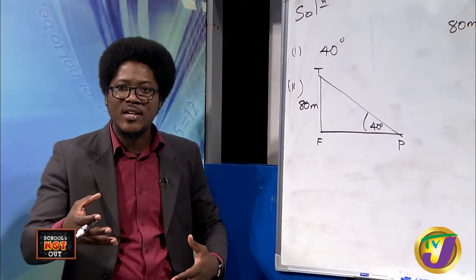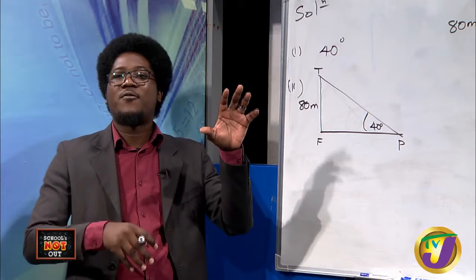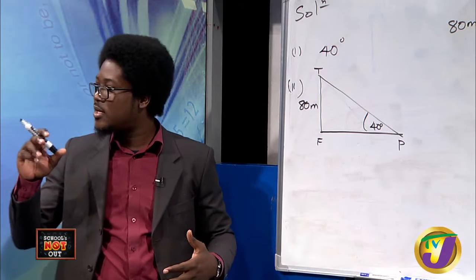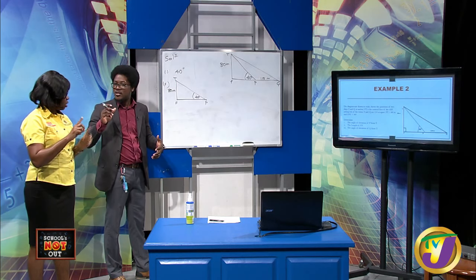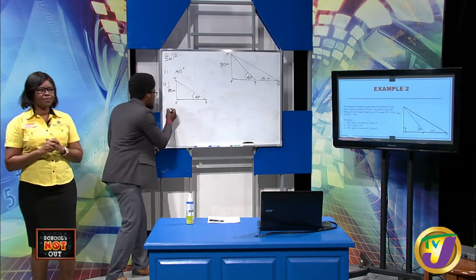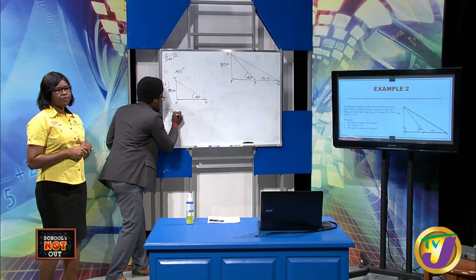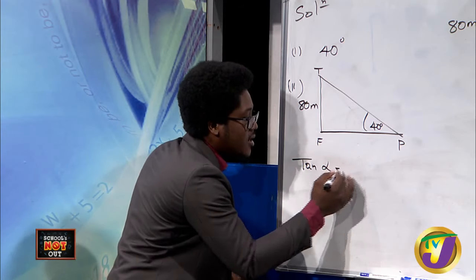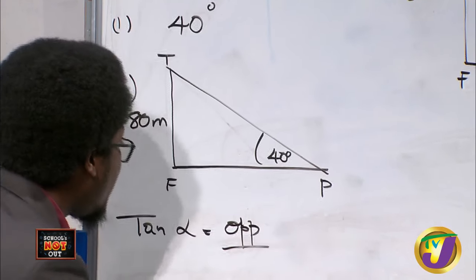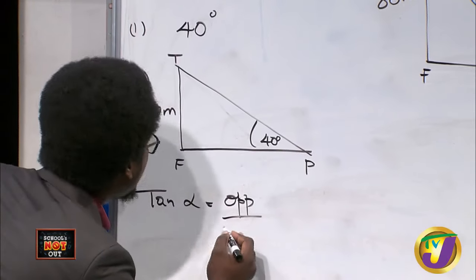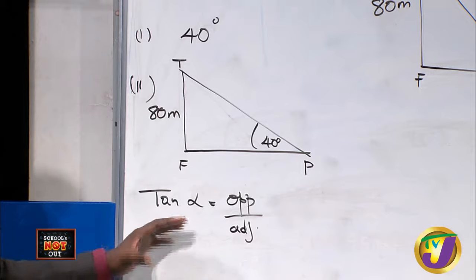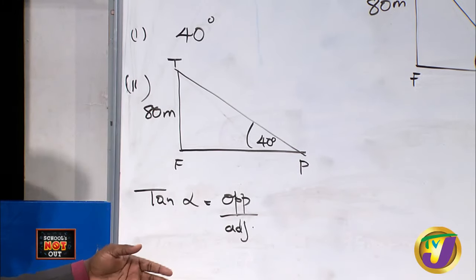Remember, when we have opposite and adjacent, we use tangent. So the tangent of our angle is equal to the opposite divided by the adjacent, which is FP.